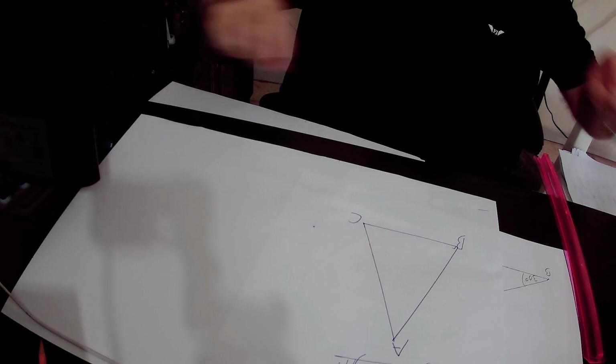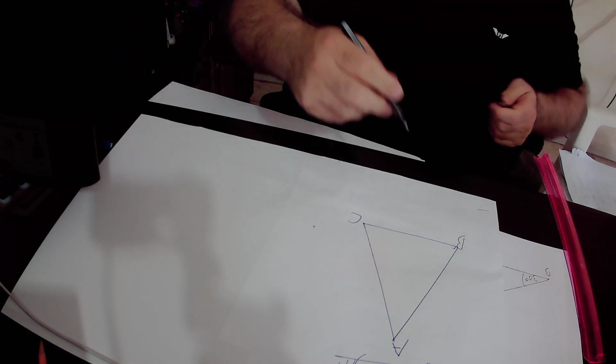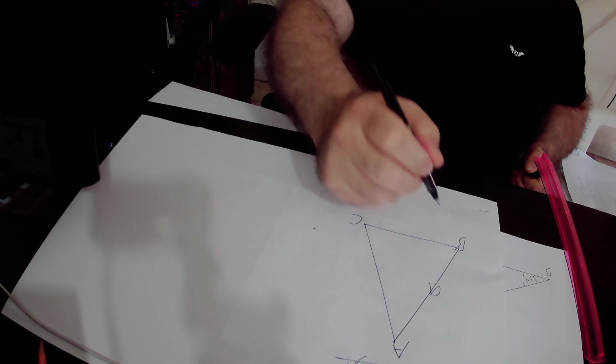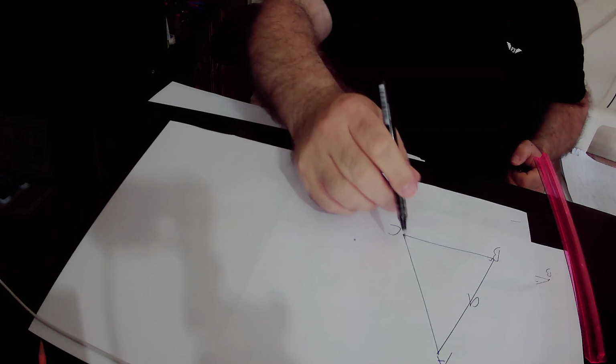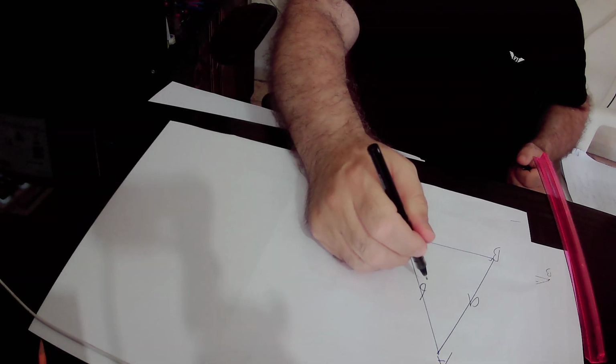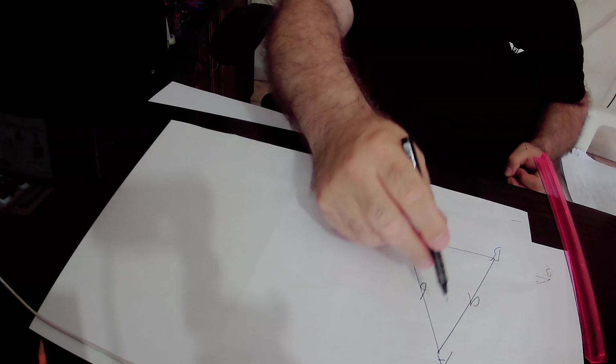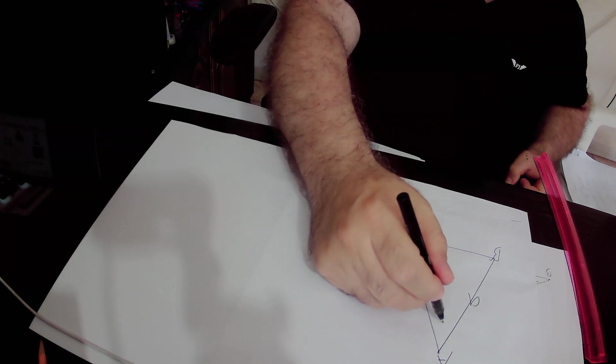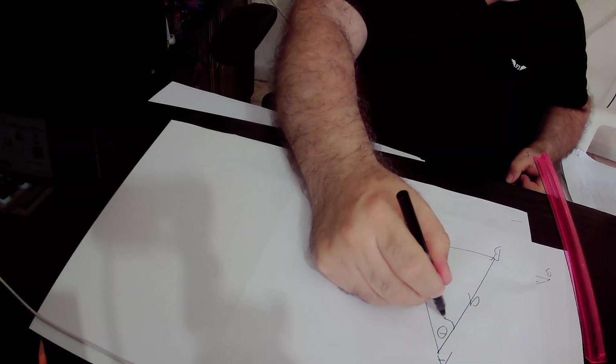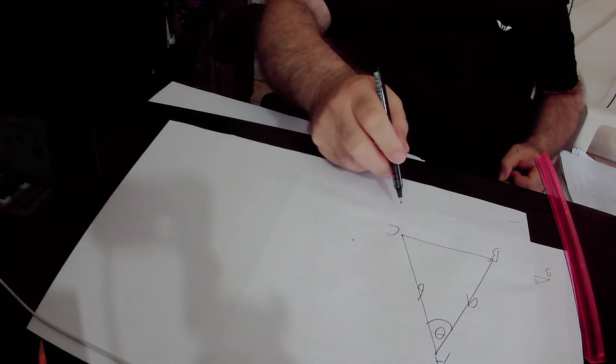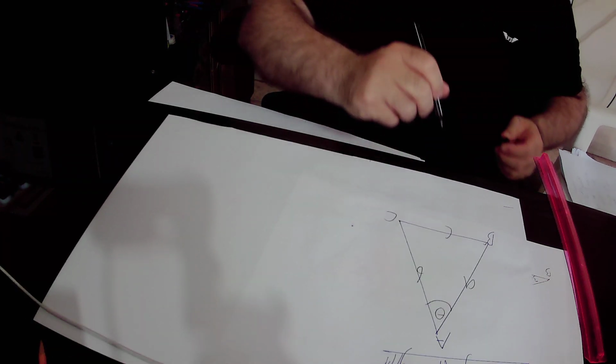We know that side AB of triangle ABC equals A units in its length, side AC equals B units in its length, and the angle between side AB and side AC of triangle ABC is equal to theta, and side BC equals C units in its length.